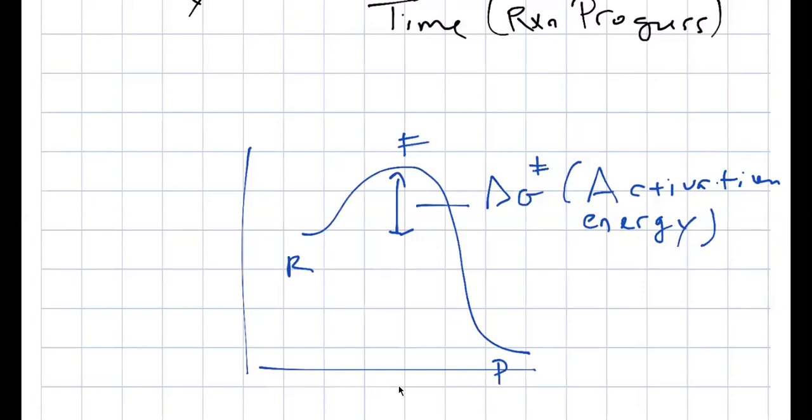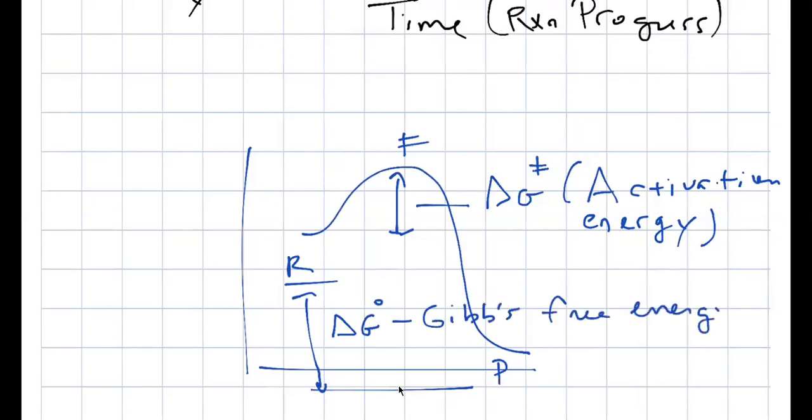And then the gap between the reactants and the products, that's your Gibbs free energy, or delta G. You can calculate delta G by taking the difference in the energy of the products and the reactants.